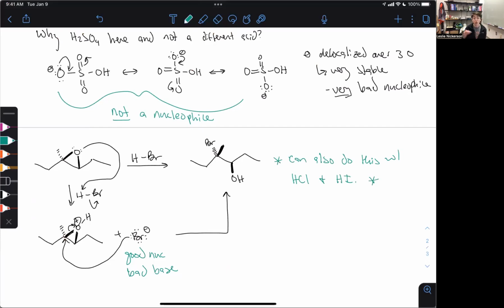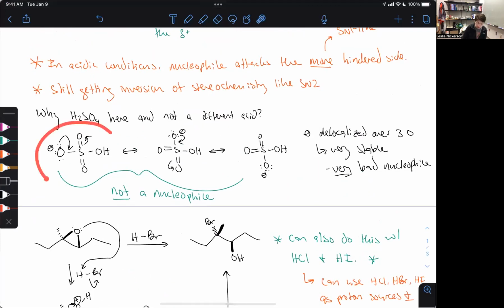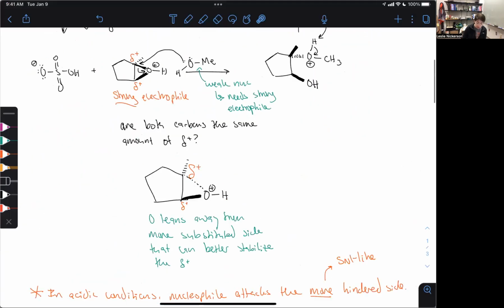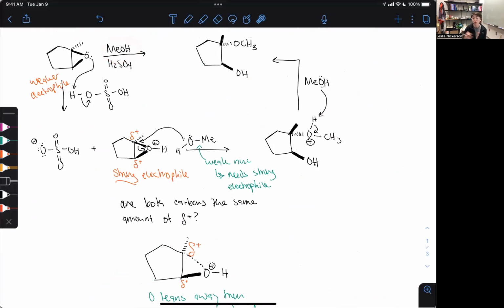We can use HCl, HBr, and HI as proton sources and nucleophiles, all of those things together. Whereas sulfuric acid is not a nucleophile, it's only a proton source, so we have to add in a separate nucleophile for that reaction.